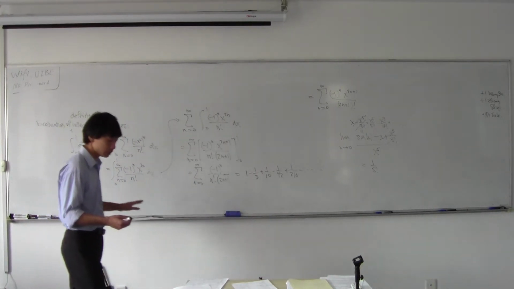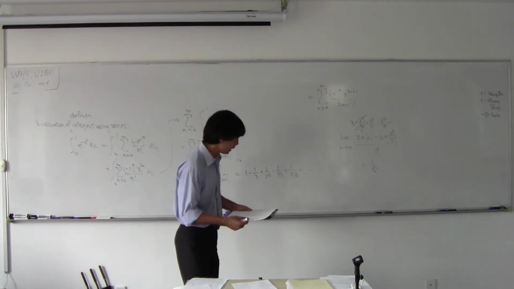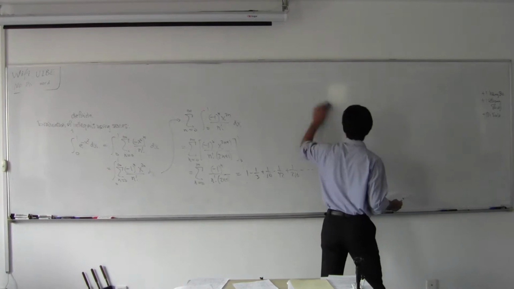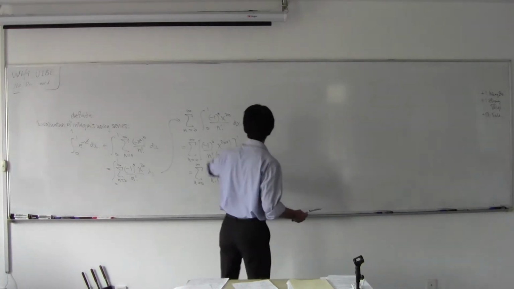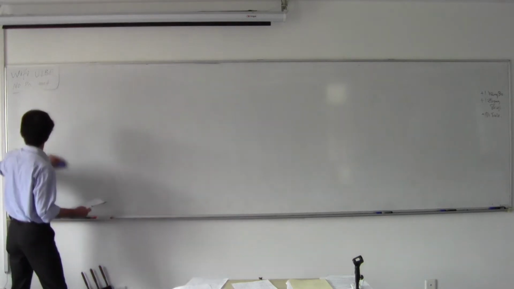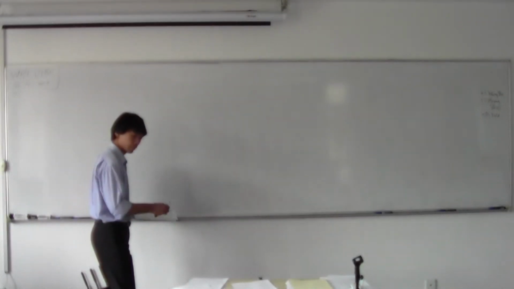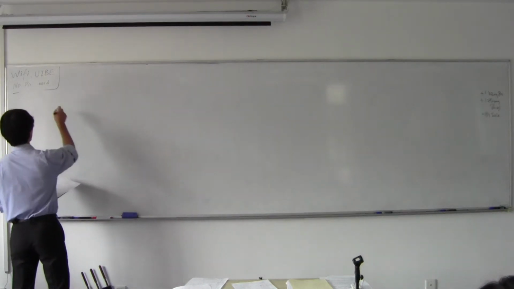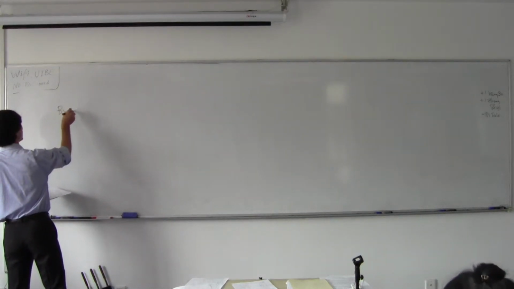Okay, so that's just one thing that I wanted to mention, and then the last thing I want to mention is the binomial series. Let's call it the binomial series.